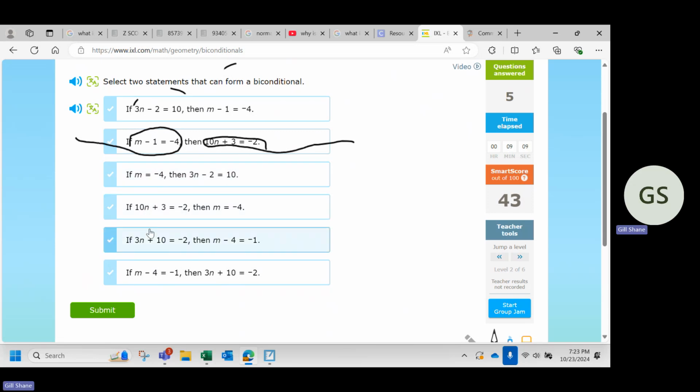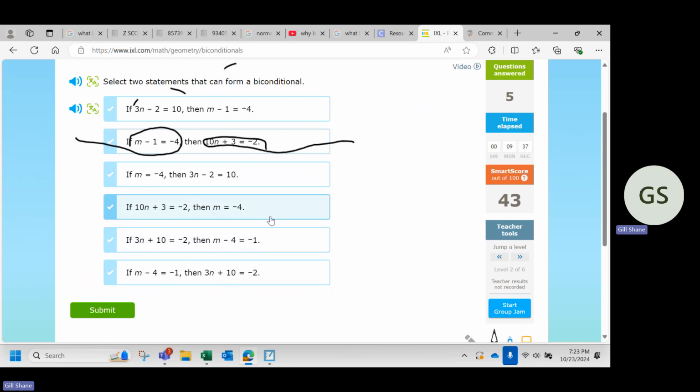M subtract 1, yeah, that can't be it. 10n plus 3 is -2, that can't be it. 3n subtract, so that can't be it. That can't be it. Oh, I guess it's the very last one.